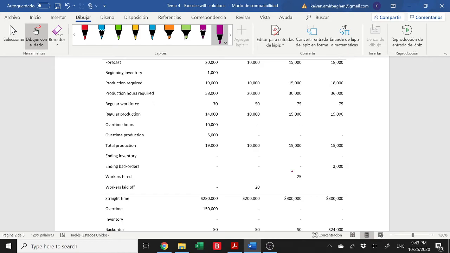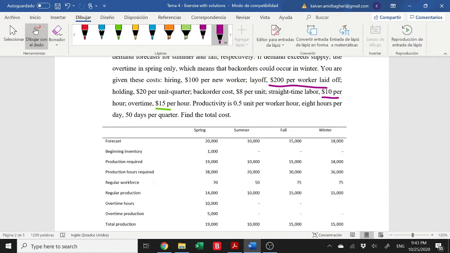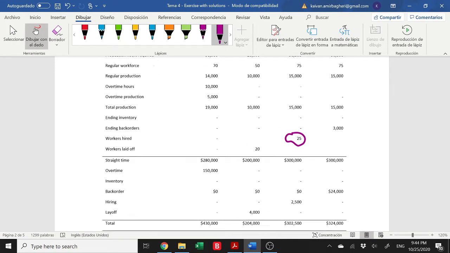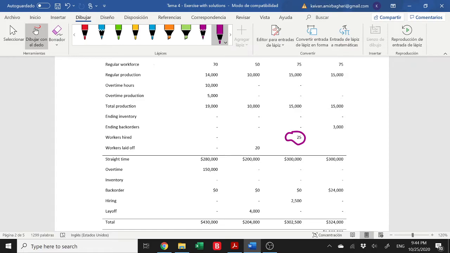Okay, so the same happens for fall with one difference. What is the difference? In this one, we hired our workforce, so we need to pay the cost of hiring. The hiring cost is $100 per new worker. So 25 multiplied by 100 gives me $2,500.